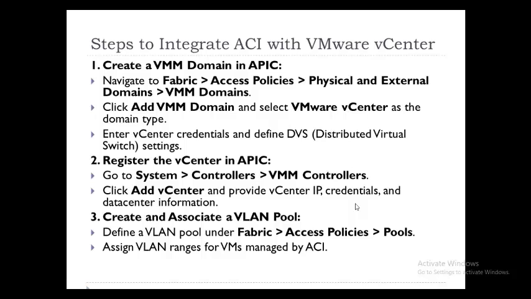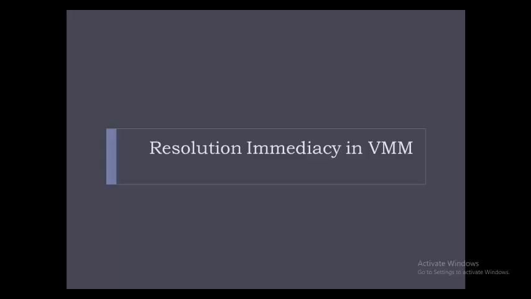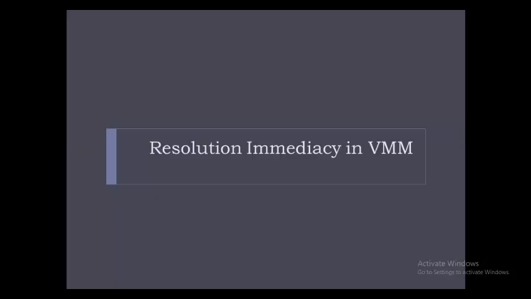See, deployment can be done for VMM domain in 3 different ways. One is beforehand, even before the virtual machines were created, you can keep it ready so that when a VM is connected, immediately the necessary policy can be pushed.